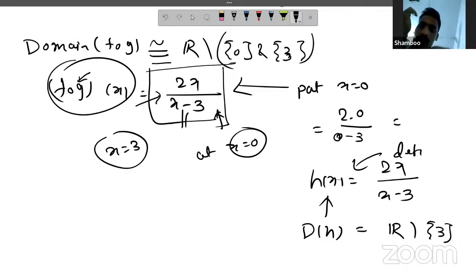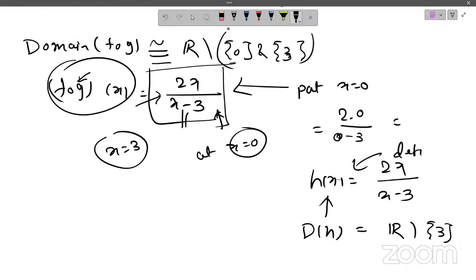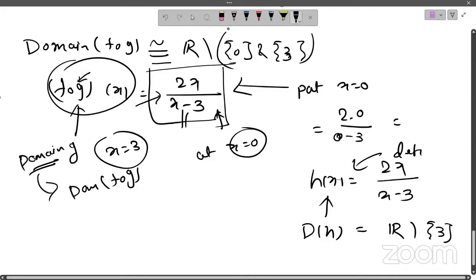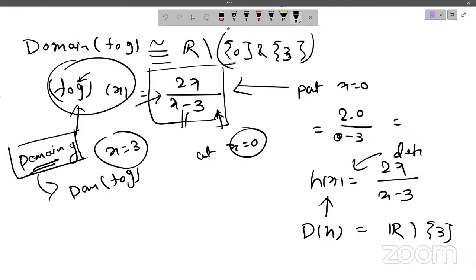So first go to the domain of g and then go to the domain of f composite g. Then you can use this expression. But the first point you should note is what the domain of g is and at what points it is not defined.